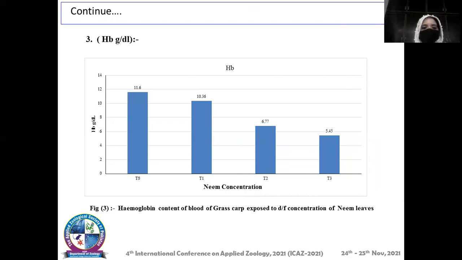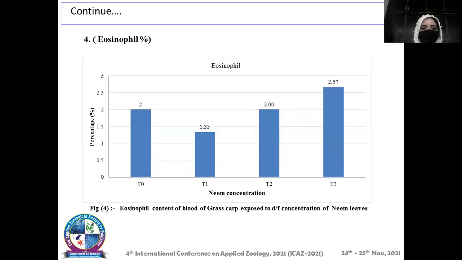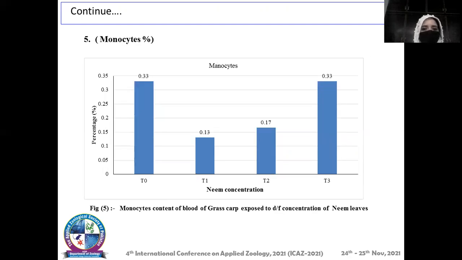The third one is hemoglobin, hematological parameters. Hemoglobin count of blood in the grass carp decreases as the neem concentration in the feed increases. Similarly, the fourth one, eosinophils and monocytes.